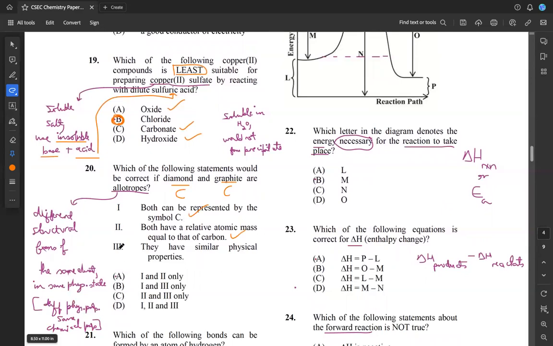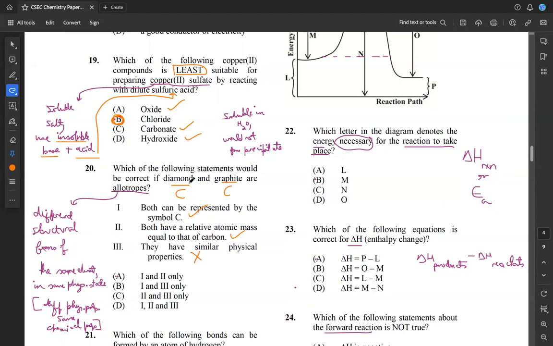No. Part 3 says they have similar chemical properties. That's not true. They're not going to have similar properties because they have different structural forms, so their bonding is going to be different. The structure and bonding are different between diamond and graphite, and so they have different physical properties.